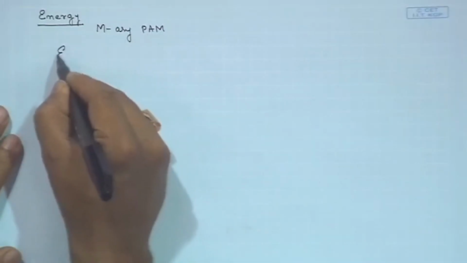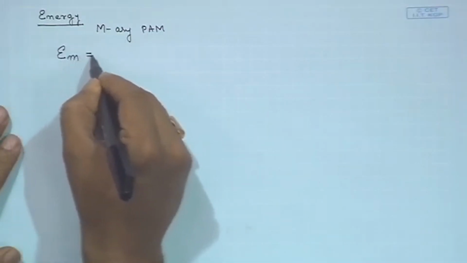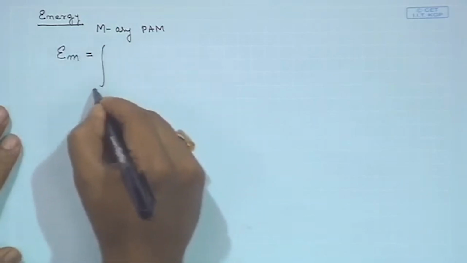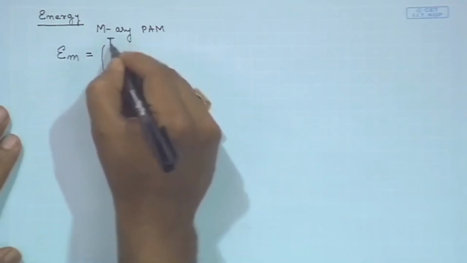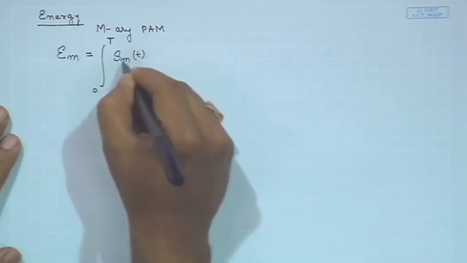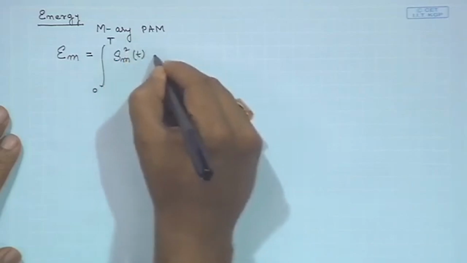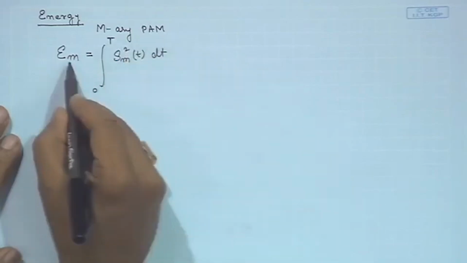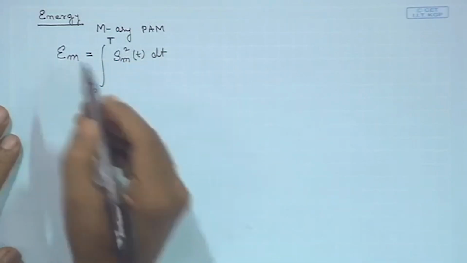If it is 4, you have 4-array, let us say, or 4-level PAM, 8-level PAM, and so on and so forth. So, if we are taking a look at the computation of energy for M-array PAM, we would say Em is equal to integral 0 to T, T is the symbol duration, of Sm(t), that is the symbol, squared dt.